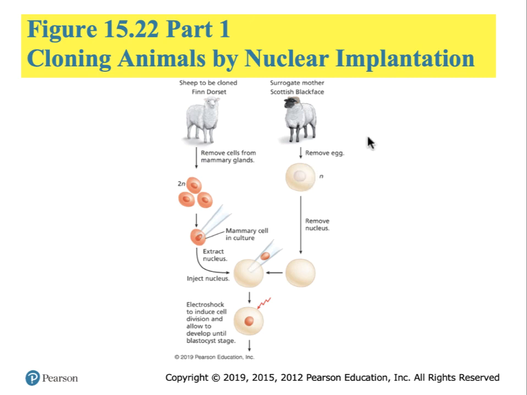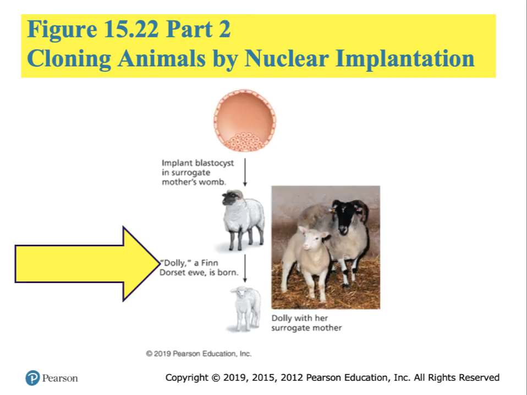Its nucleus was extracted using a similar technique, and the nucleus of the first sheep, the Finn Dorset, was injected into this egg. After electroshock, the egg was implanted into a surrogate mother after it developed into the blastocyst stage. This mother had nothing to do with the genotype of either the egg cytoplasm or the nucleus. But Dolly was subsequently born. And there's Dolly with her surrogate mother.